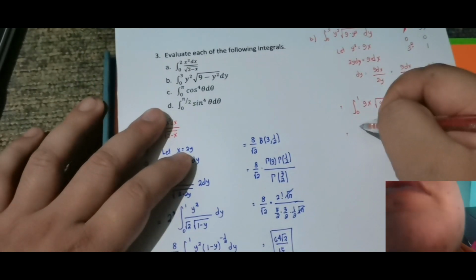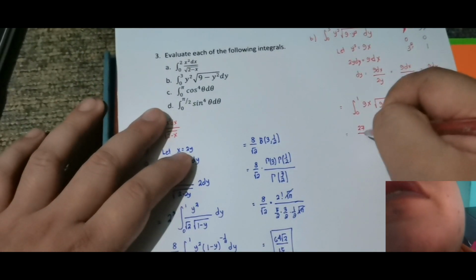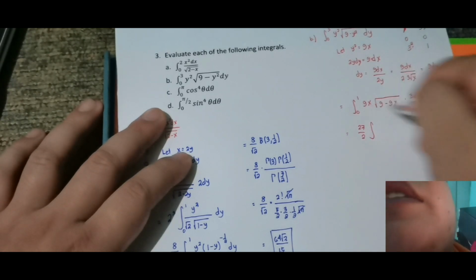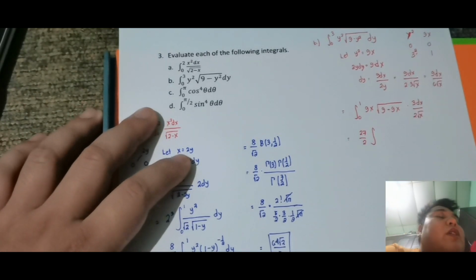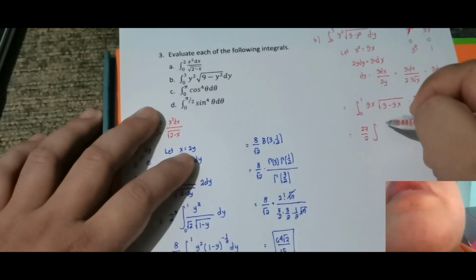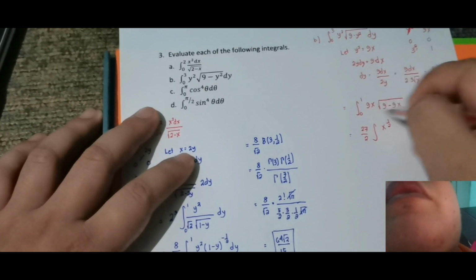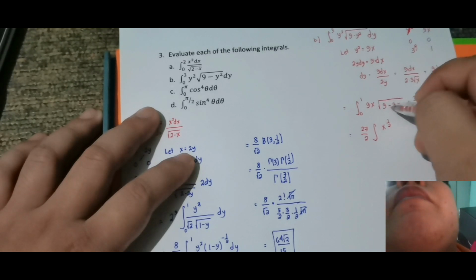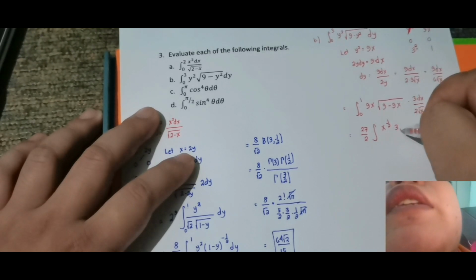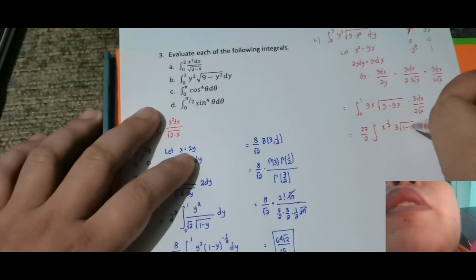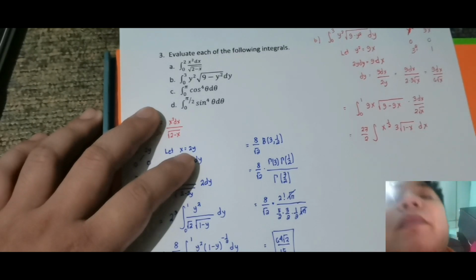So this is just equal sa 27 over 2 integral, may x tapos may square root of x sa ilalim, so minus lang yon. So this is simply square root of x lang dito, or simply x raised to 1/2 para dito. Tapos may lalabas tayo dito na 9. Yung 9 na lalabas siya as 3, tapos square root ng 1 minus x, tapos dx.